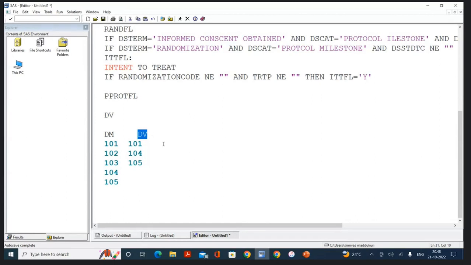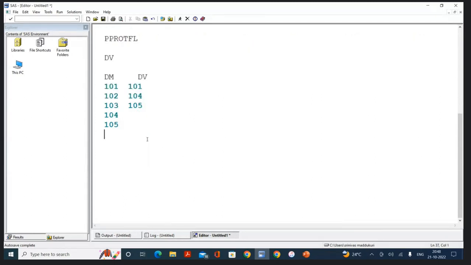Then the next value that we are going to have is the completers flag. How do you know this subject has successfully completed the study? COMPLFL, completers flag.